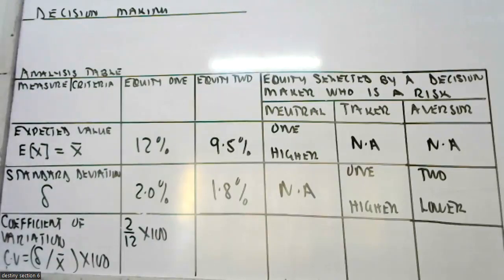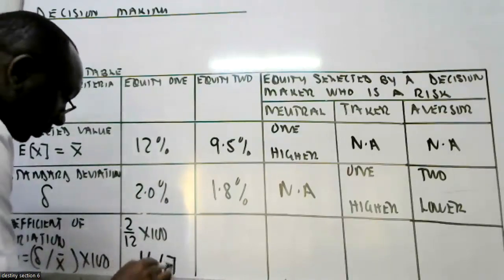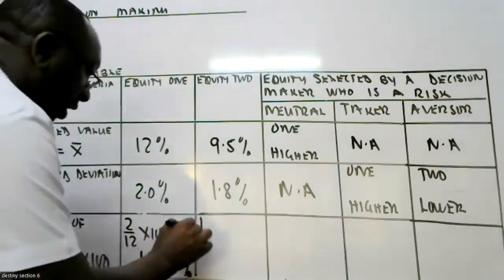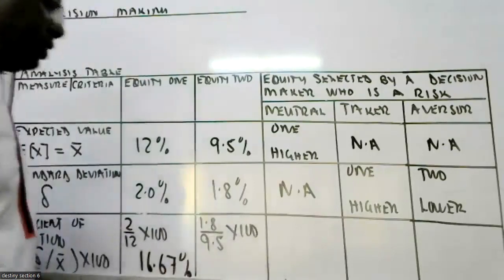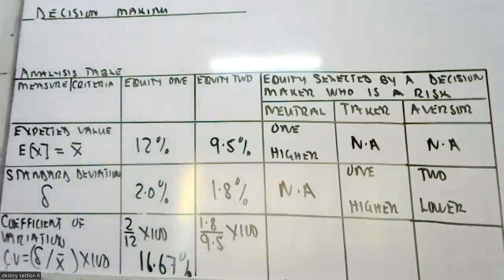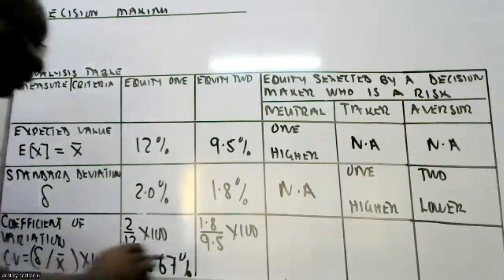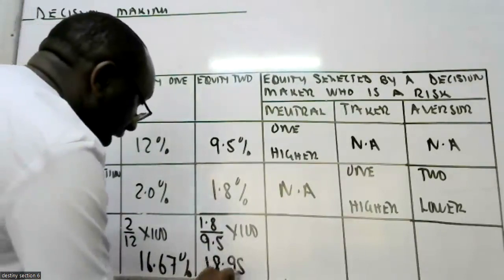That is 16.67%. This other one is 1.8 divided by 9.5 times 100. That is 18.95%.